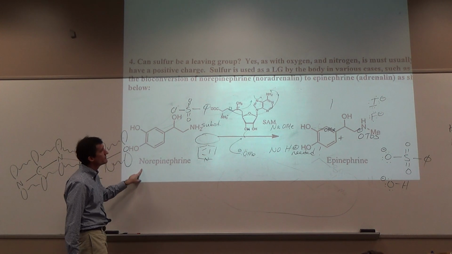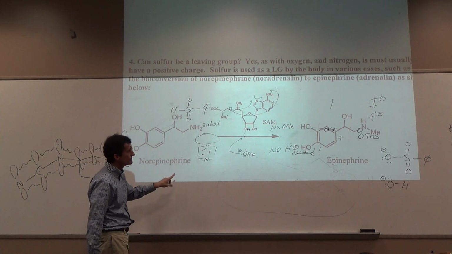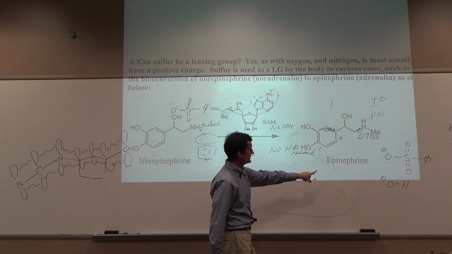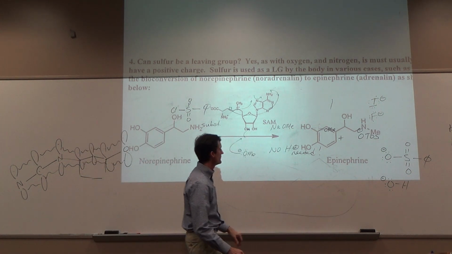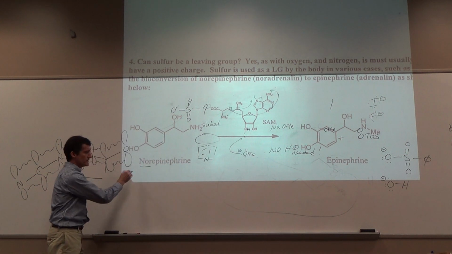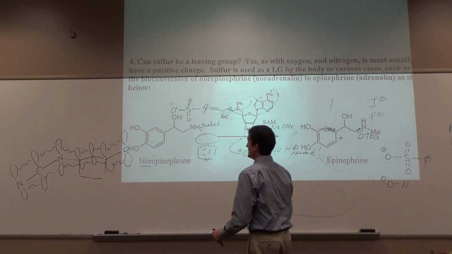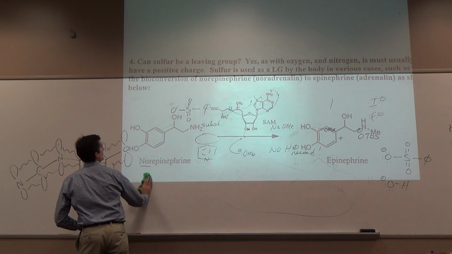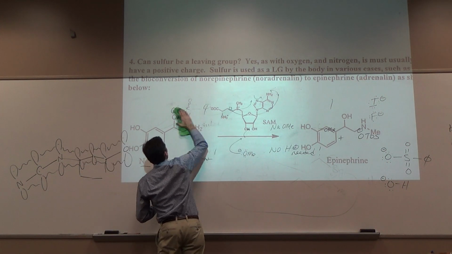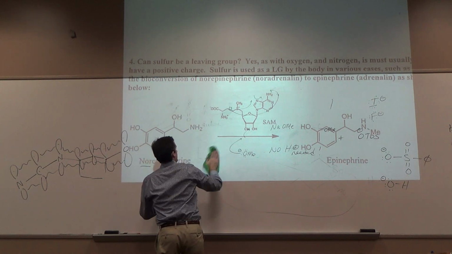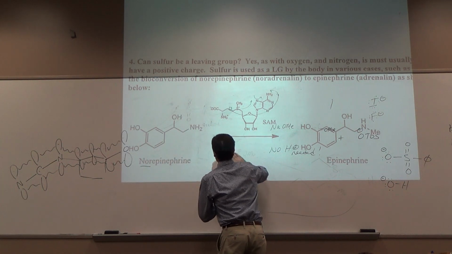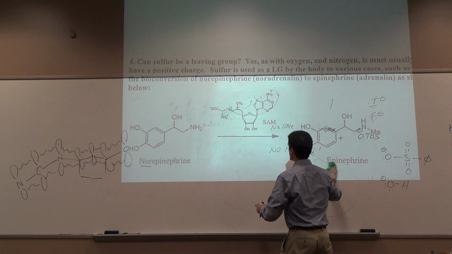Norepinephrine. In the body, it's converted to epinephrine. By the way, what does nor usually mean with chemicals? The only difference in the names is one's got nor and one doesn't, right?